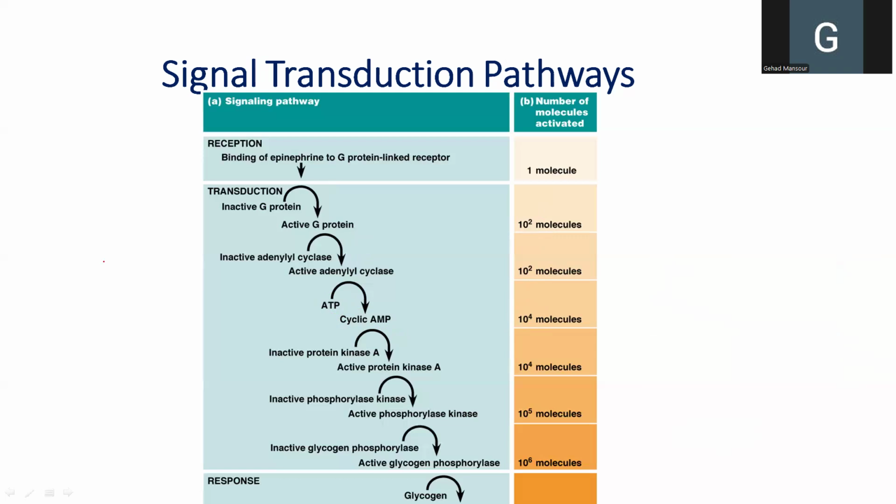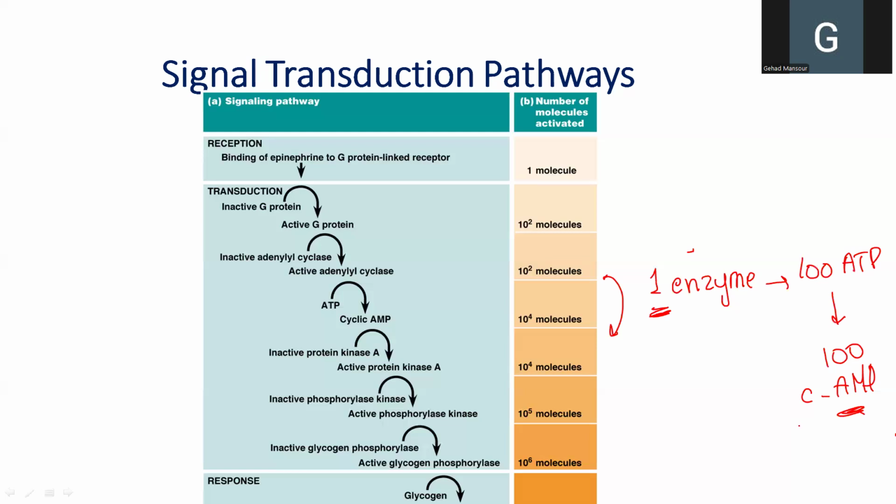And this is normal because, as you know, the enzyme does not stay permanently on the substrate. Every now and then, once the product is formed, a new substrate molecule binds. So how can this step be explained? This means that every enzyme molecule can change 100 molecules of ATP into 100 molecules of cyclic AMP. So if you start with 100 molecules of enzyme, you will end up with 10,000 molecules of cyclic AMP.